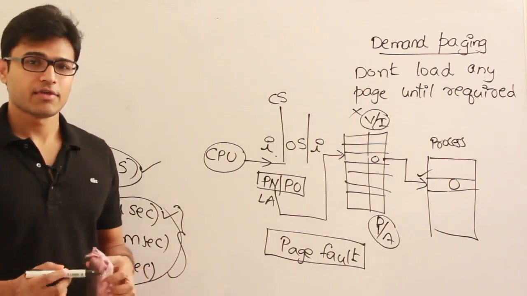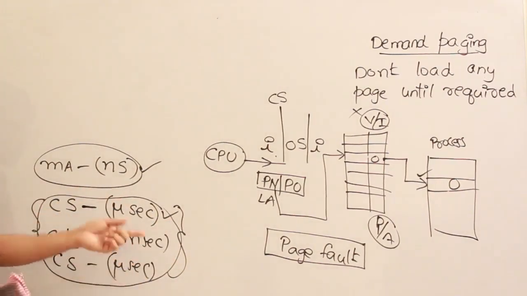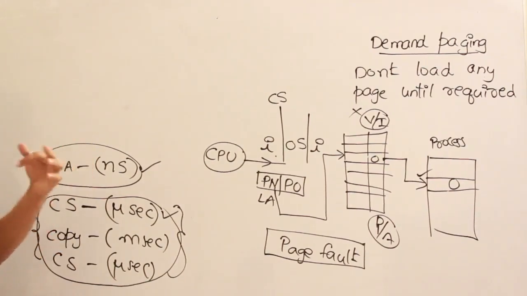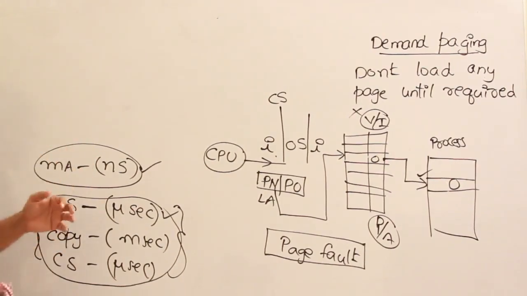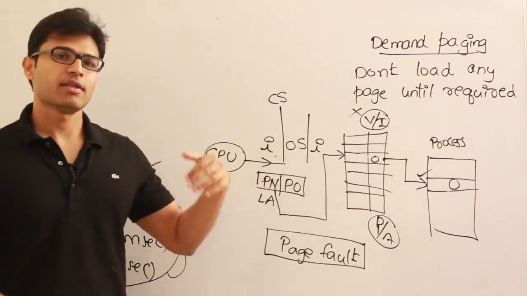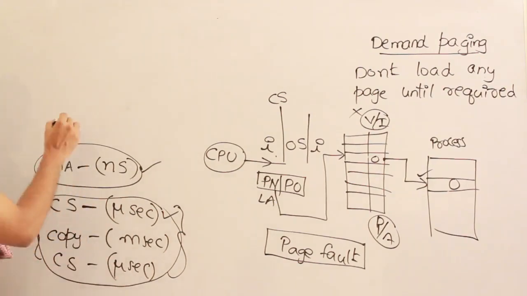Then the effective memory access time will become the time to access the secondary disk, right? So if there are lots of page faults, then the time taken to execute the program is going to increase because of the lot of paging activity, which means we are going to move a page from secondary disk to the main memory, and then the other way, right? So that is called thrashing.